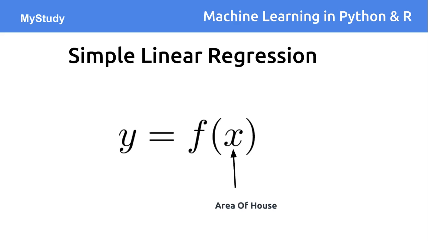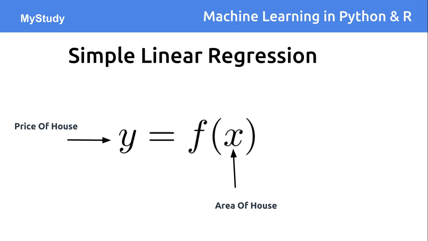The area of the house is the input to our system. Lots of house areas have been given to us, and this is the input, and the price of the house is our dependent variable, y, the output.